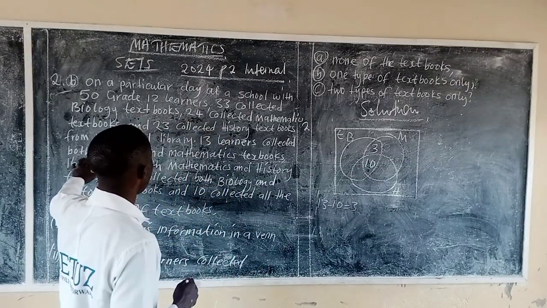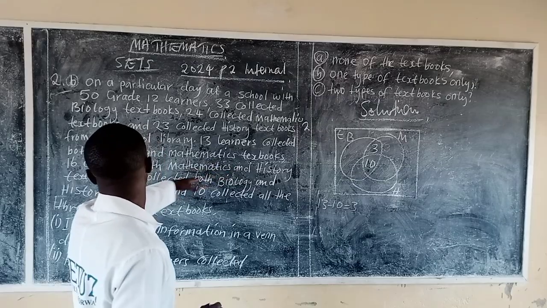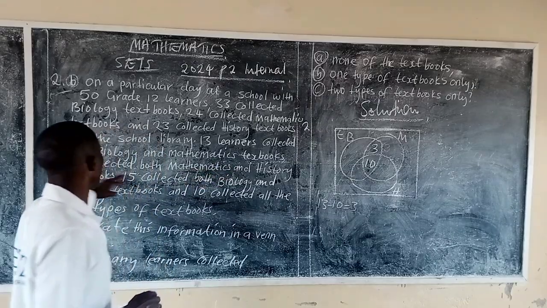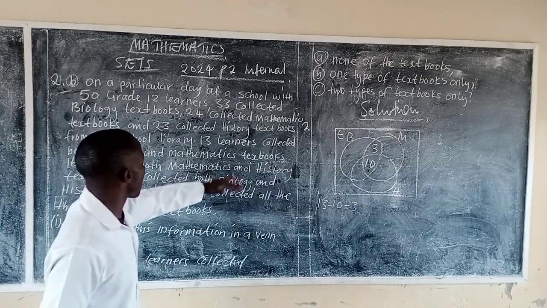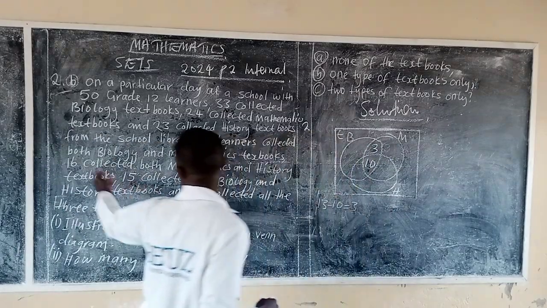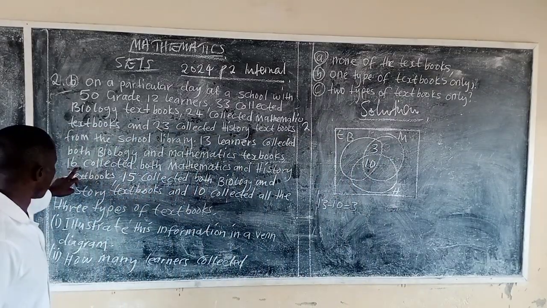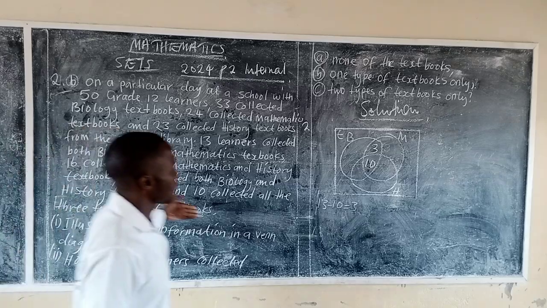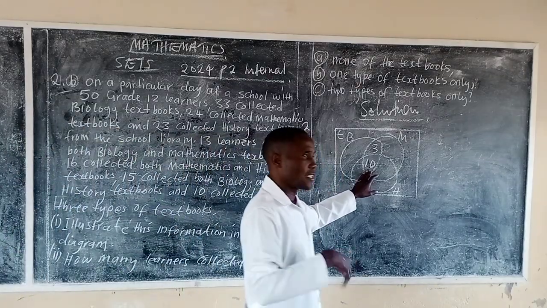Then we go to the next one, that is for biology and mathematics textbook. Then 16 corrected both mathematics and history. So mathematics and history, they are saying how many? They are 16 learners. Okay, so 16 learners again. Remember, 10 is already there.